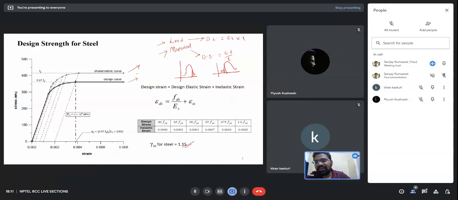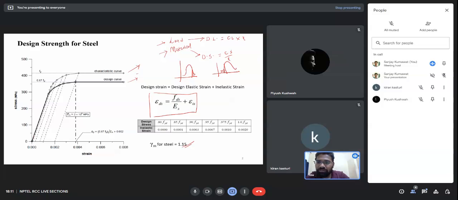Now here is a very important thing you should know: in the linear zone, when I apply the load and afterwards release the load, the steel comes back to its original zero, that is there is no deformation.